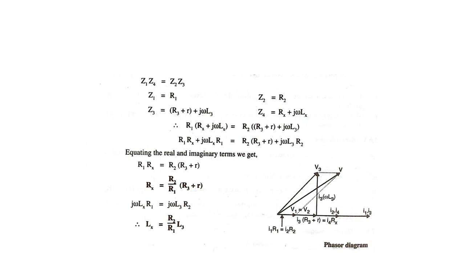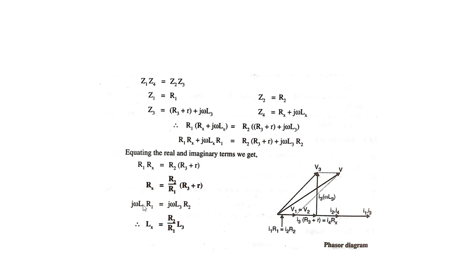Okay, now if you concentrate on real parts, you will get the equation like this: R1 Rx is equal to R2 into (R3 plus R), and Rx will be like this, R2 divided by R1 into (R3 plus R).